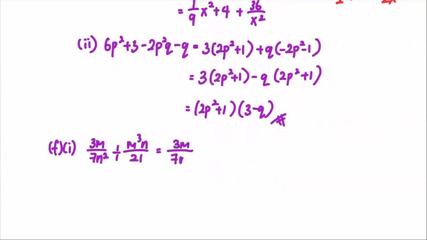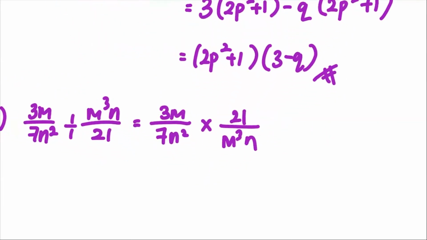I don't like divide, so we multiply by 21 over m cubed n, and let's cancel. The 7 cancels with the 21, this becomes a 3. The m cancels with the cube, this becomes a 2. The final answer is 9 over m squared n cubed.